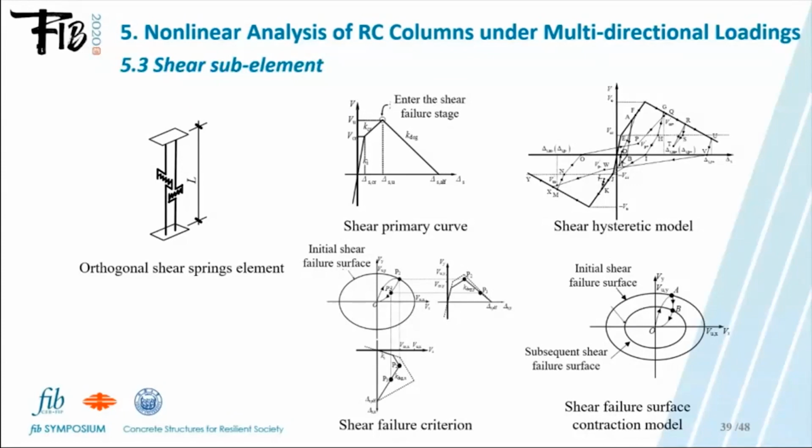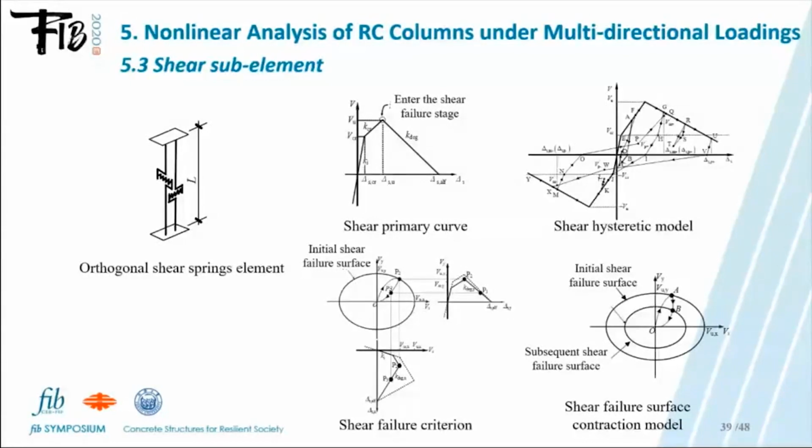Assume the column behavior is initially controlled by flexure. Once shear failure is detected, the degradation behavior is dominated by shear response, and the flexure response keeps the same force with shear response through unloading.